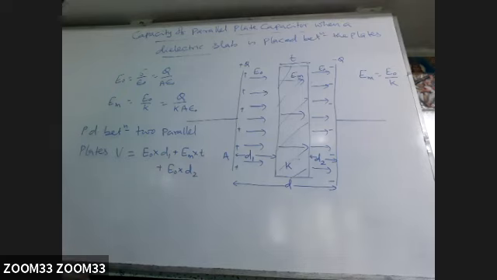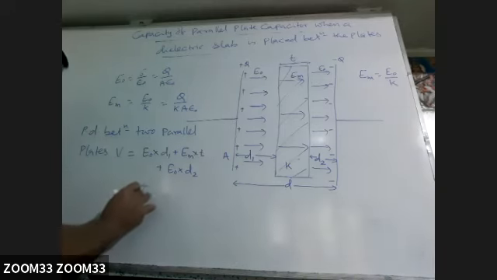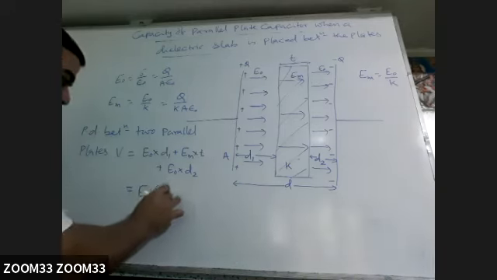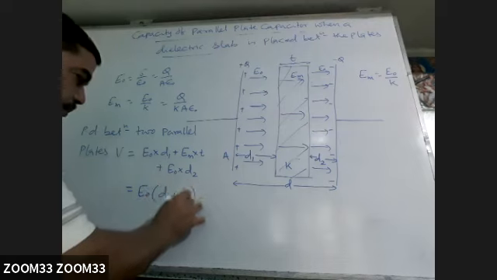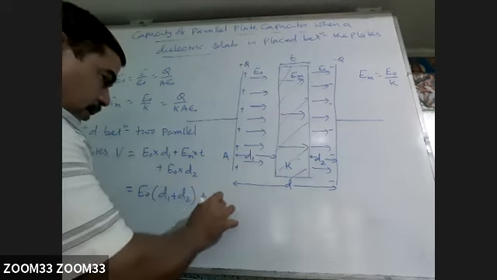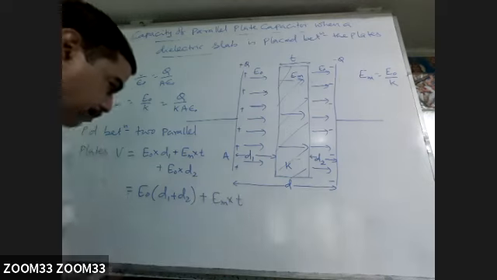Any confusion? E is minus dV by dr, so dV is E into dr. Here E is constant, so it is E into the distance. So it is E naught into D1 plus D2, plus EM into T.